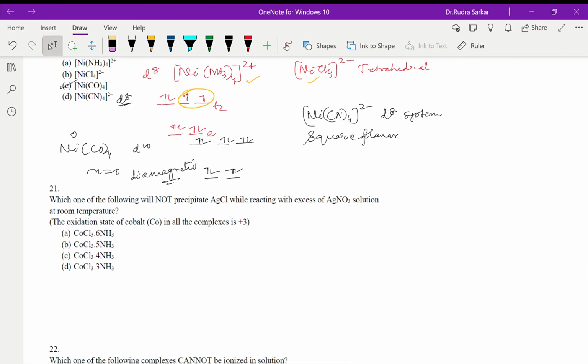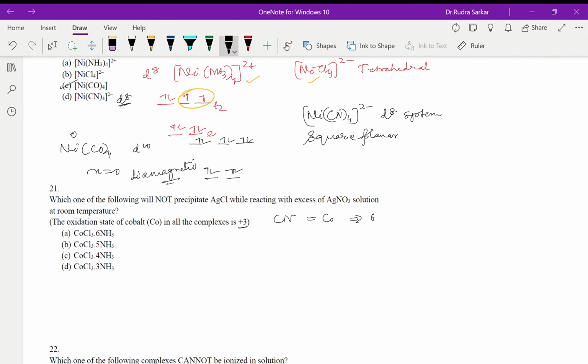Which of the following will not precipitate AgCl, in the next question, 21, while reacting with excess of AgNO3 solution at room temperature? Oxidation state of cobalt in all the complexes is 3. CN for Co is equal to 6. Keep that in mind.